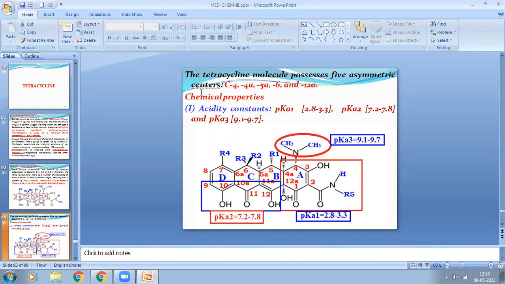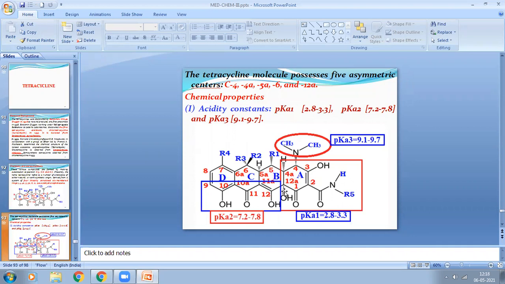The tetracyclines are congeneric derivatives of the polycyclic naphthacene carboxamide. Basically the basic ring of the tetracycline is called polycyclic naphthacene carboxamide. If you consider these two rings, the A and B rings, two benzene rings attached together is called naphthalene.